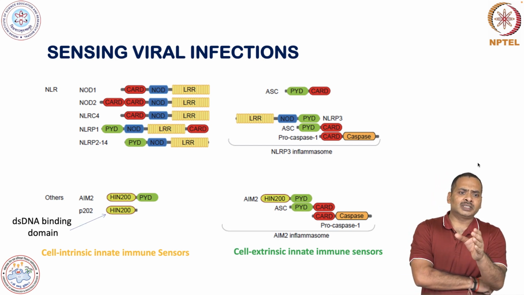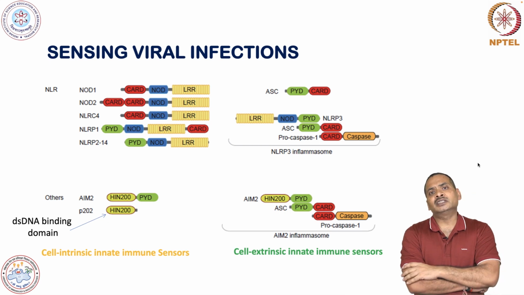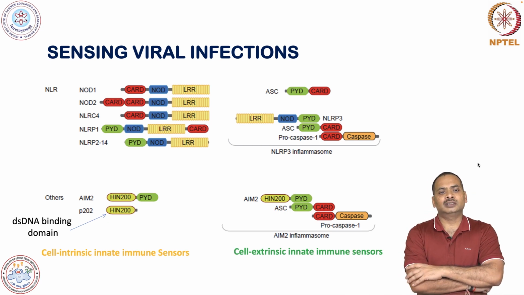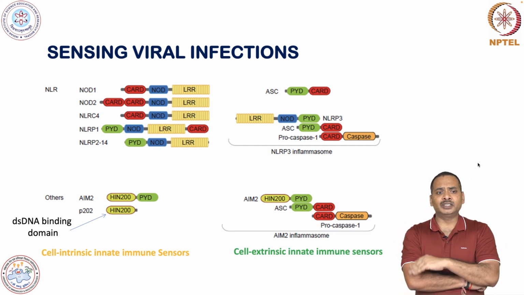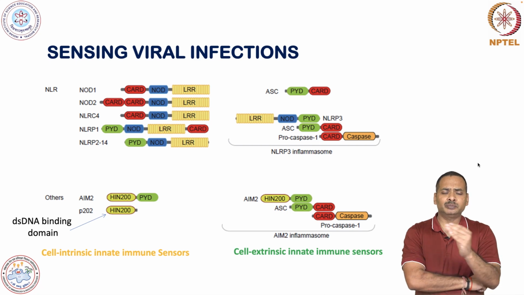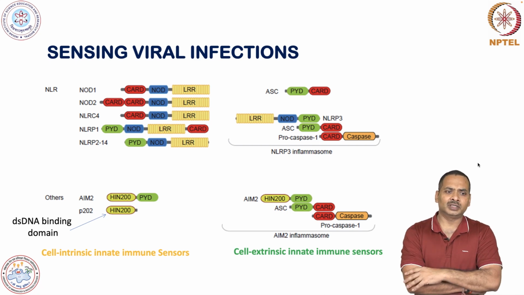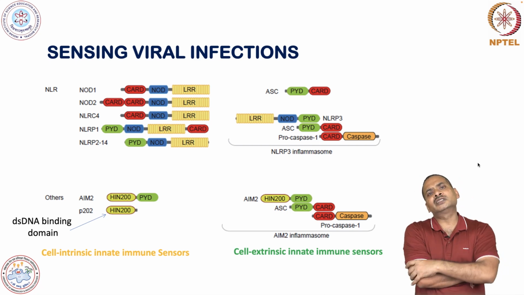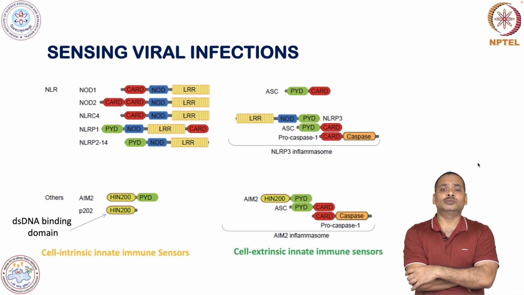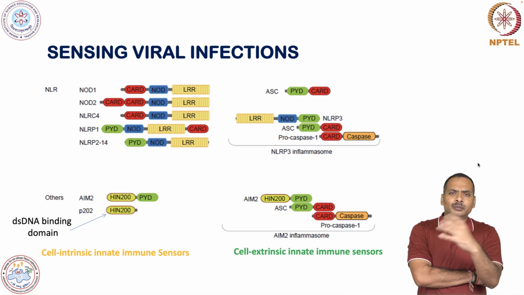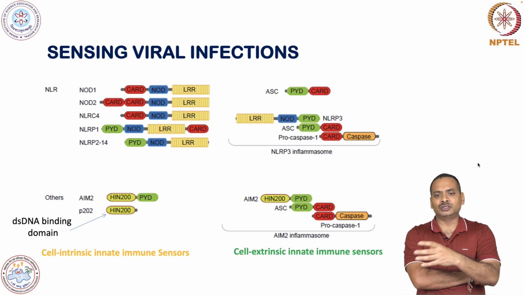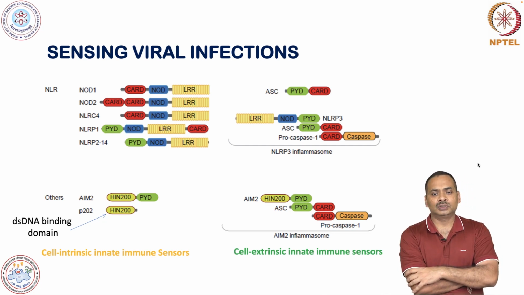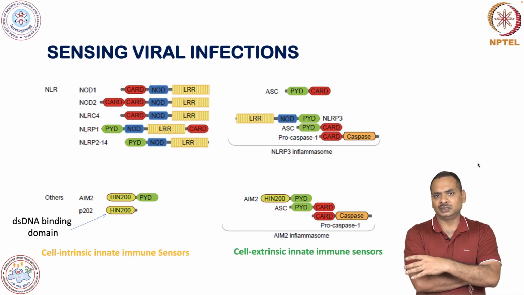You can see that in AIM2 there is a domain known as the HIN200 domain, and there is a pyrin domain in the case of AIM2, and in P202 there is only the HIN domain. Basically, this domain binds with the DNA molecule, and upon binding it makes a multi-protein complex, which we call an inflammasome, which I will discuss in a subsequent slide.